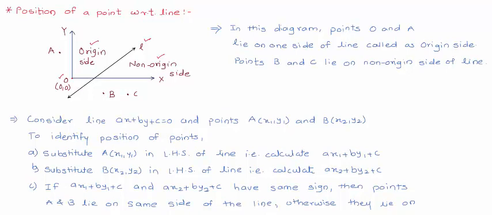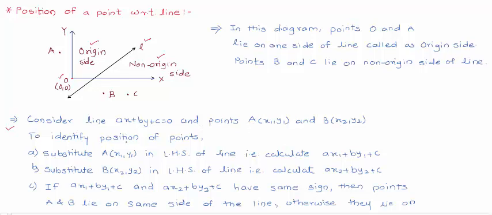We can have a simple question asking us the position of points with a given line equation. So for that I have mentioned some steps here. Consider a line ax + by + c = 0 and points A(x1, y1) and B(x2, y2).